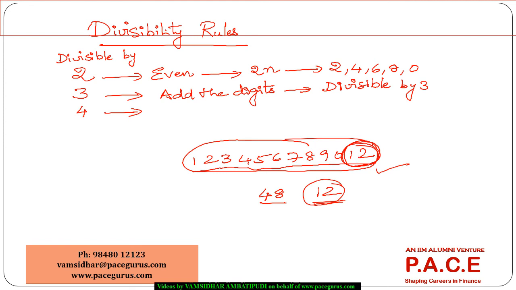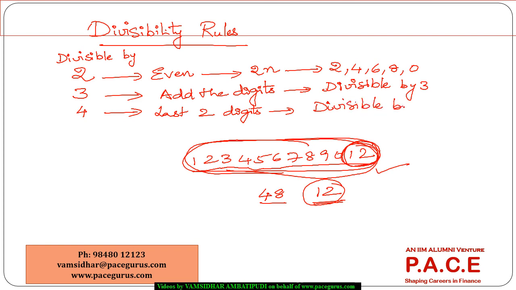It doesn't give any remainder when I divide it by 4. 4 threes are 12. So, because the last two digits are perfectly divisible by 4, this entire number is divisible by 4. So I have to only check the last two digits, are they divisible by 4? If the last two digits are divisible by 4, then the entire number is divisible by 4.